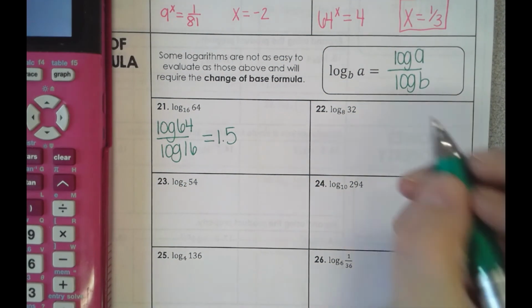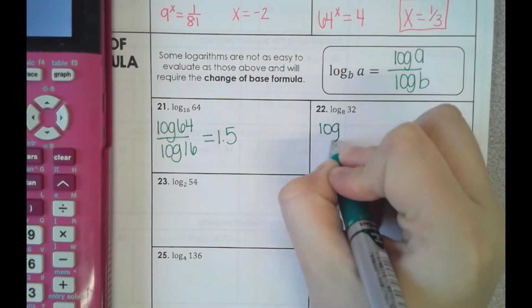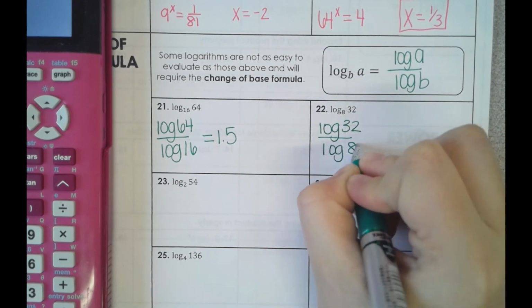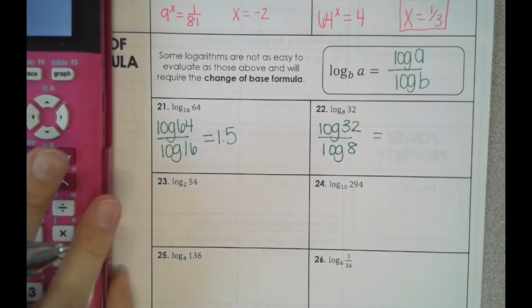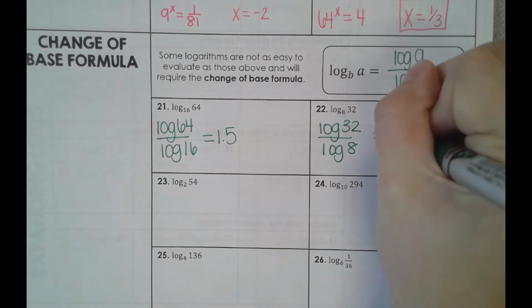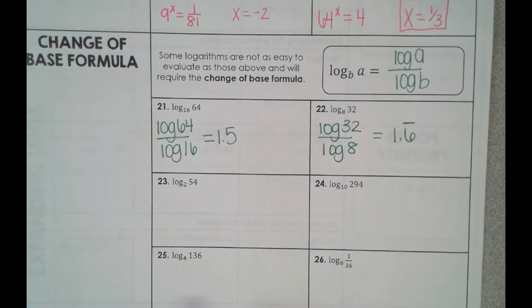So 22, that would be log of 32 divided by log of 8. And that's 1.6 repeating. So you can just put that, or you can put 1.67.